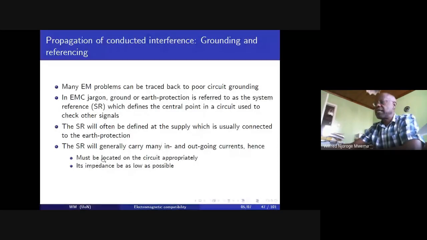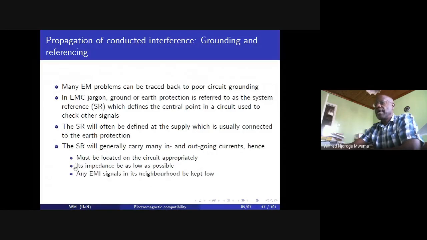Therefore, materials have been designed called ground enhancing material, or GEM, that you may be forced to use, especially if you are building in a rocky or sandy area. Sand usually doesn't have very good conductance. So any EMI signals in its neighborhood must be kept as low as possible.